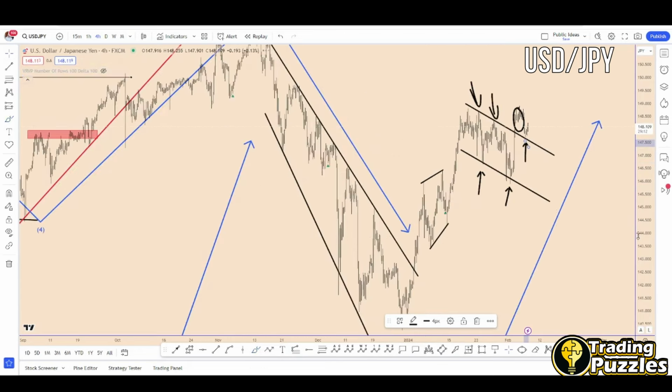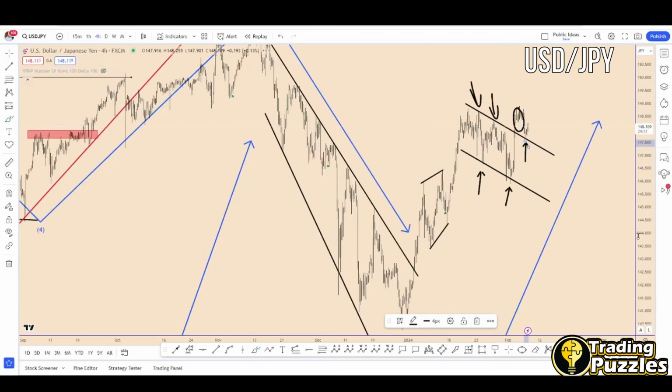If we look at it from this perspective, because it looks better on the 4-hour time frame, the chances are that the buyers will increase their numbers close to this small structure zone, 147.80, so this is our area, and from this point we can see the bullish volume getting stronger.